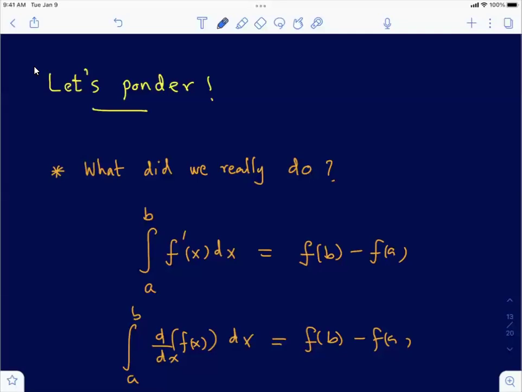So when the derivative and integral are together, the essential action that you had at the end is the recovery of the original function. Look at this. This is just the original f of x.